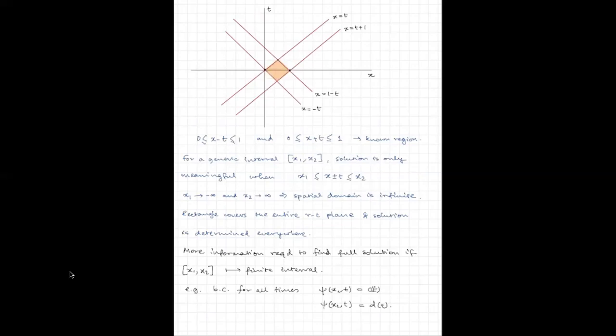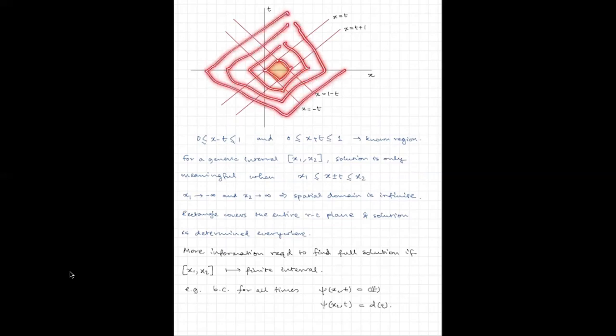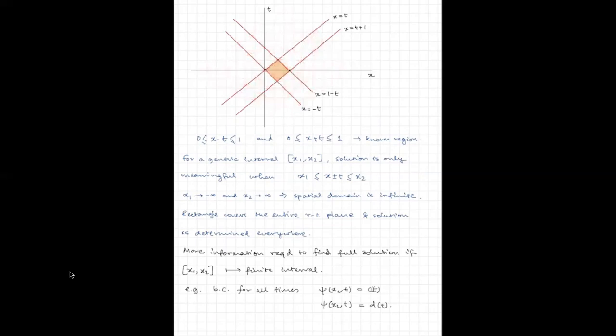If we make this longer, this would grow larger and larger, and when x1 goes to minus infinity and x2 goes to plus infinity, then the spatial domain becomes infinite, and the rectangle covers the whole of the x-t plane, and the solution is then determined everywhere.